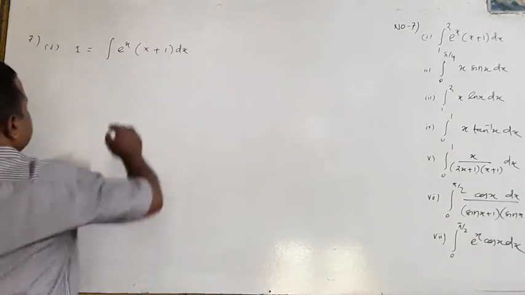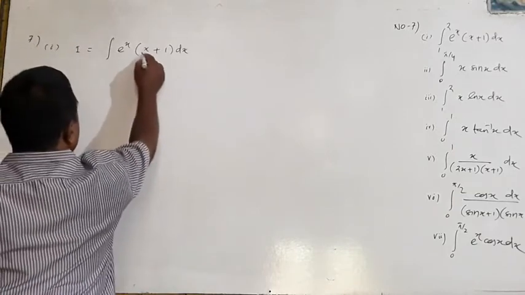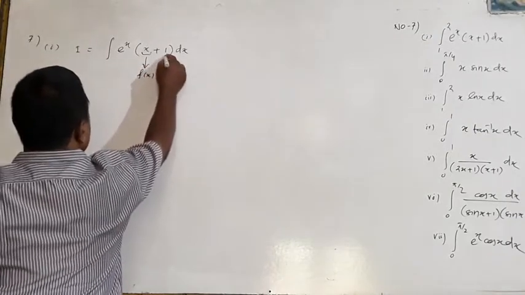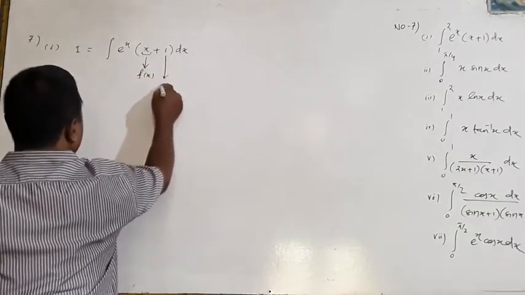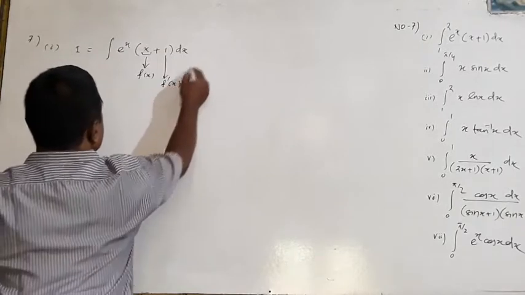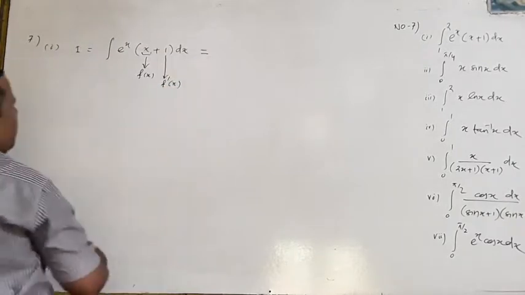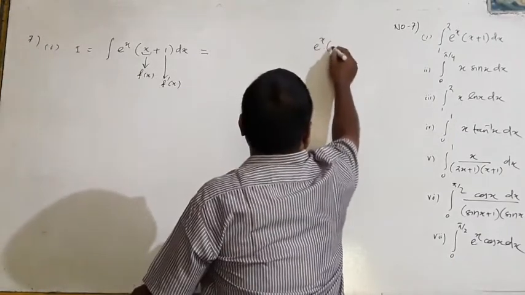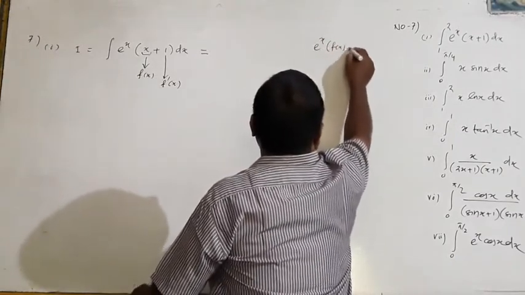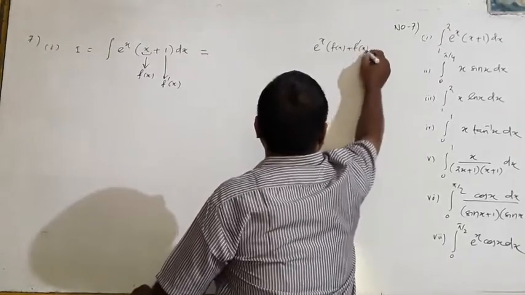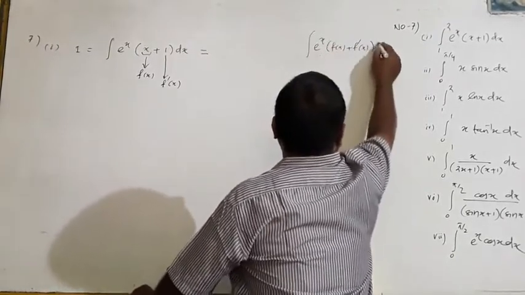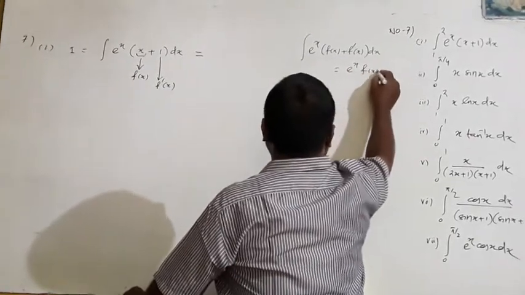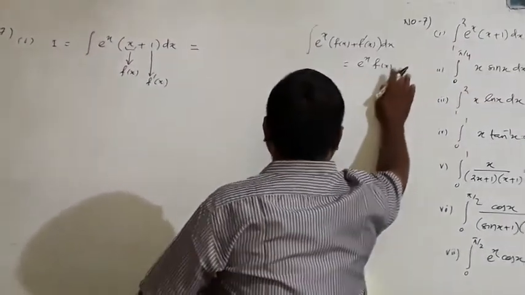But there is an easy method: consider this as your f x, and this becomes your f dash x. So the integration of e to the power x into f x plus f dash x, its result is e to the power x f x plus c.